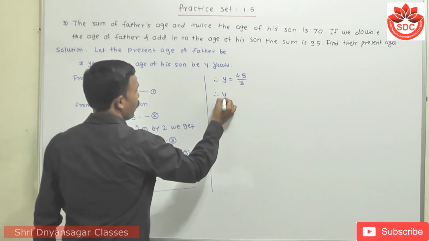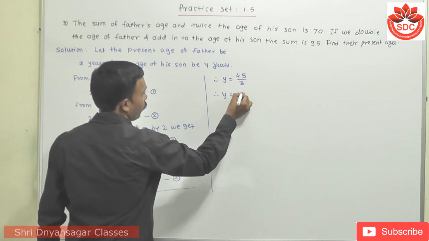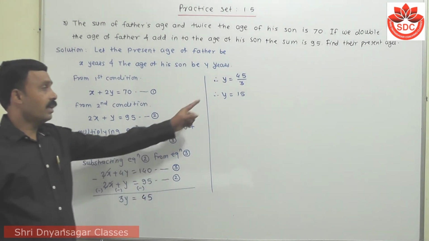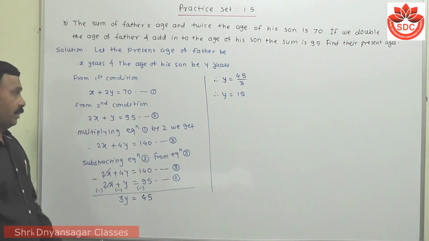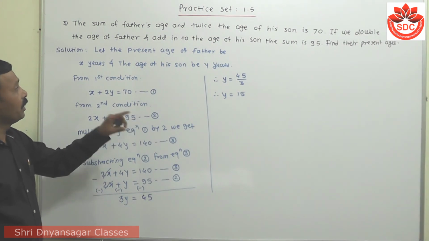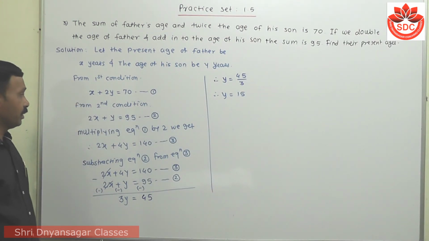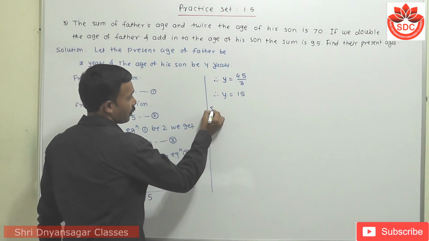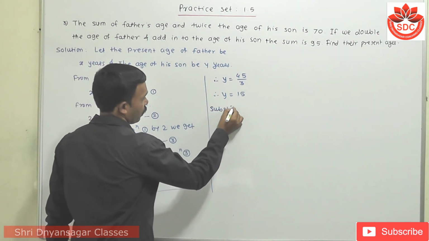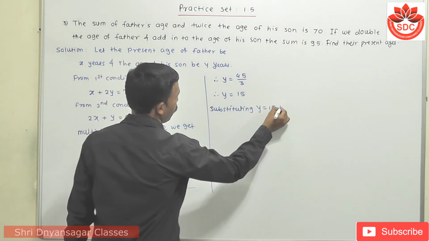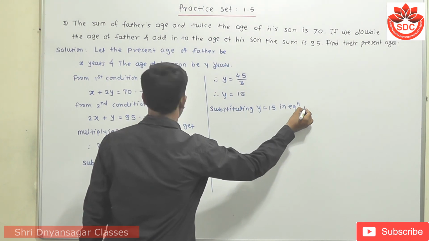When we simplify we get 15, 3 into 15 is 45. Means that y value is equal to 15. Then we put this value into any one equation. So substitute this value into equation number first, substituting y equal to 15 in equation first.